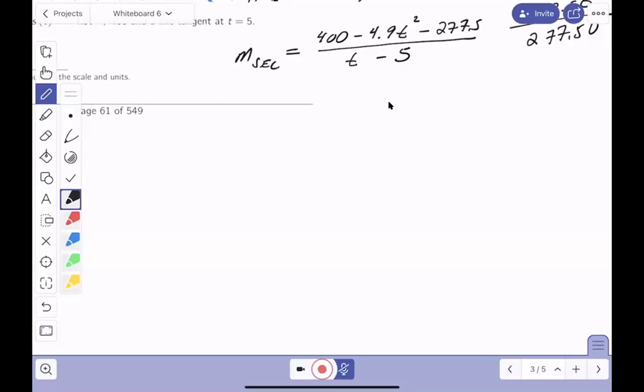Let's put this down. Just like we did before, but are things getting more difficult? Yeah, they are. Let's see what we get. 122.5 minus 4.9 t squared. Let's keep going. You know I want to simplify, right?